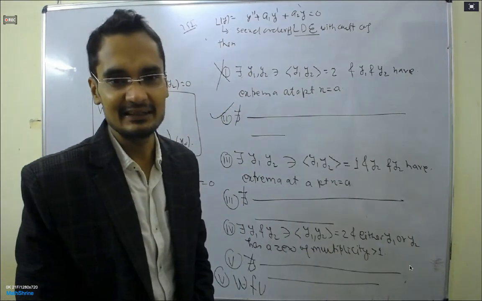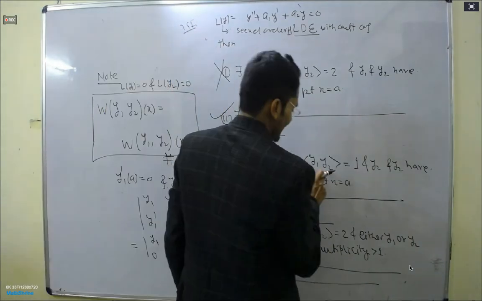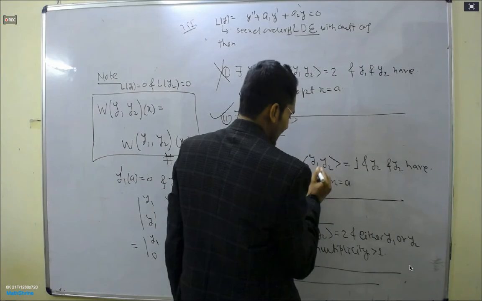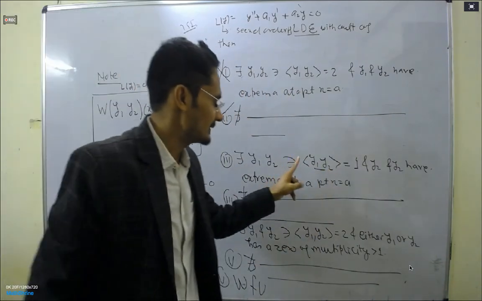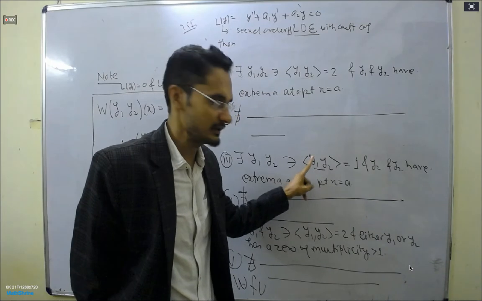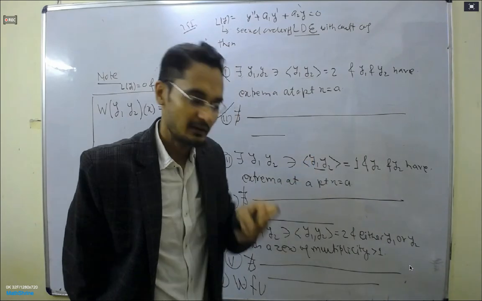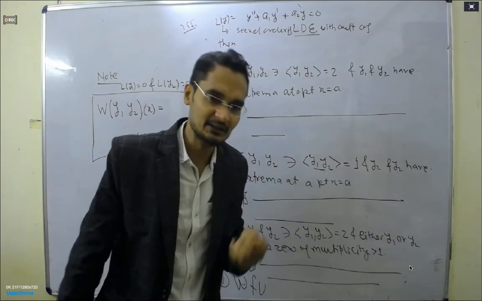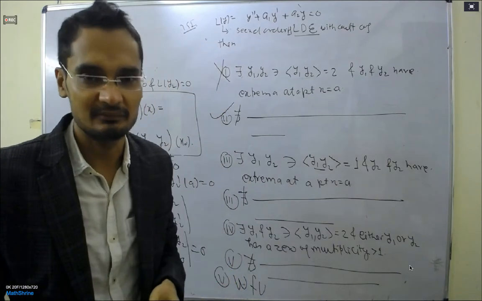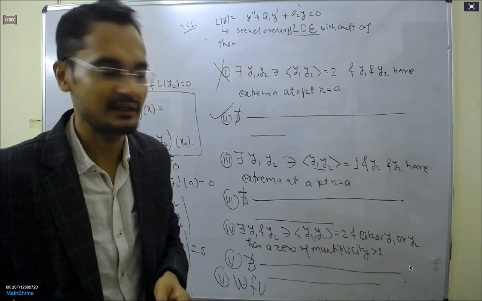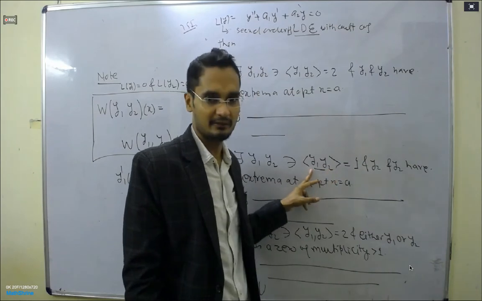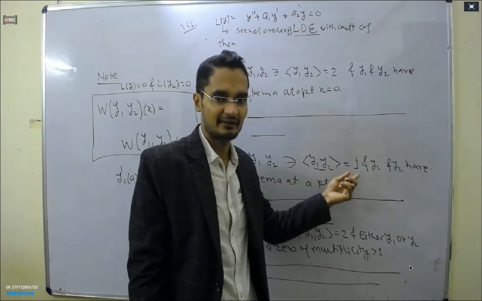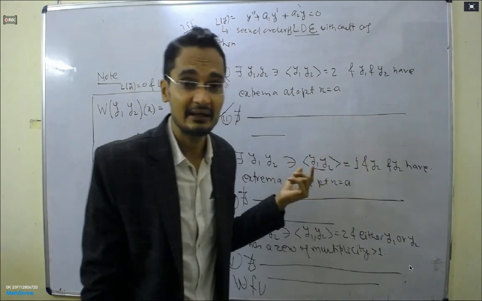That's all right. y1 and y2 have extrema at the point x equal to a. It is possible, right? y1 and y2 can have extrema. For example, if you just take y1 equal to e power r1x, then just take y2 equal to 2 times e power r1x.